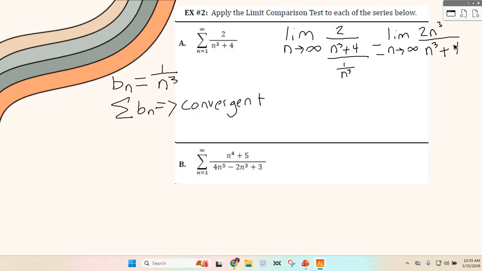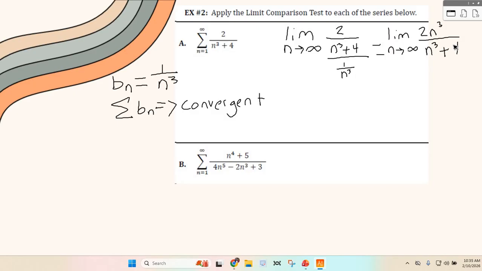And these are all infinite limits, agreed? So remember, with our infinite limits, you have one of two ways that you can think about it. One, at the end of the day, is that plus 4 going to do all that much to my bottom? So really, we only have an n cubed divided by an n cubed, and n cubed divided by n cubed is just 1, so we would be left with 2, right?